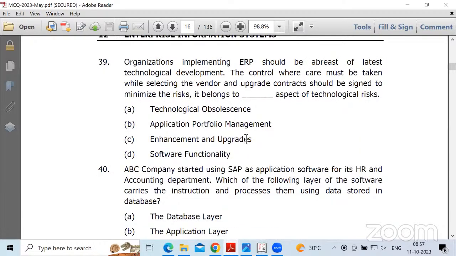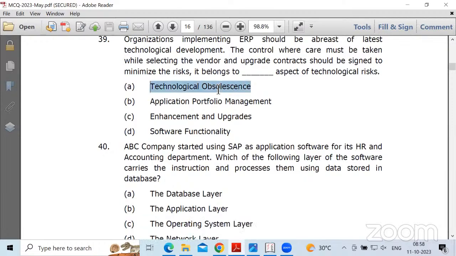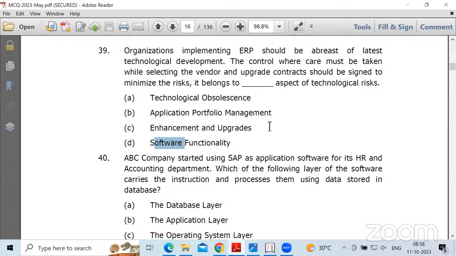Organizations implementing ERP should be abreast of the latest technological developments. The control where care must be taken while selecting the vendor, and upgrade contracts should be signed to minimize the risk, belongs to which aspect of technological risk?